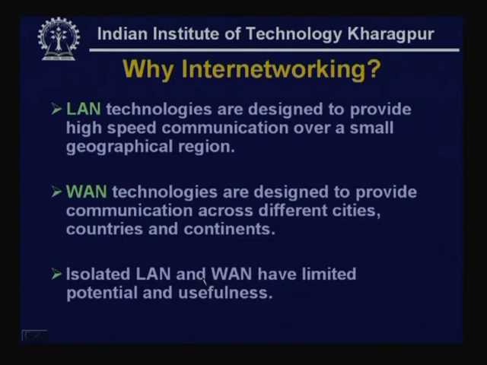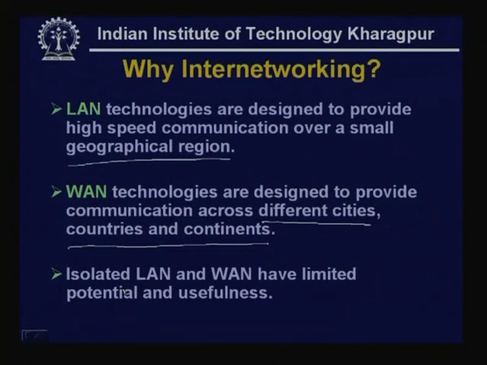Now you will find that LAN technologies are designed to provide high speed communication over a small geographical area. So if you look at each of them separately, the function of a LAN is very limited to a small geographical region. On the other hand, WAN technologies are designed to provide communication across different cities, countries and continents, but their rate of data transfer is not very high.